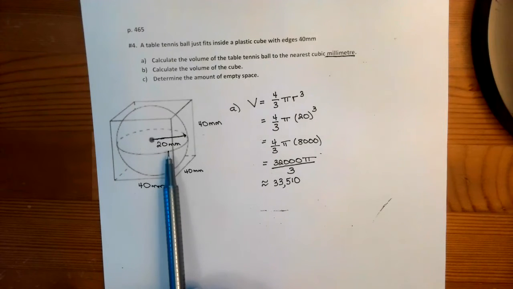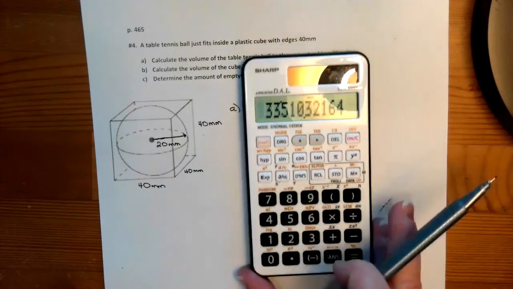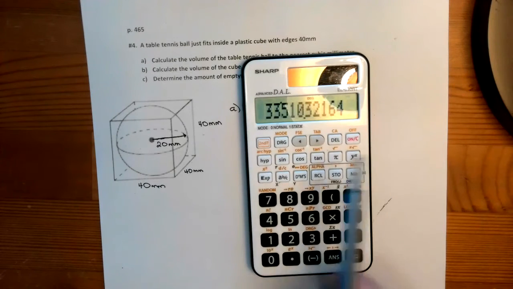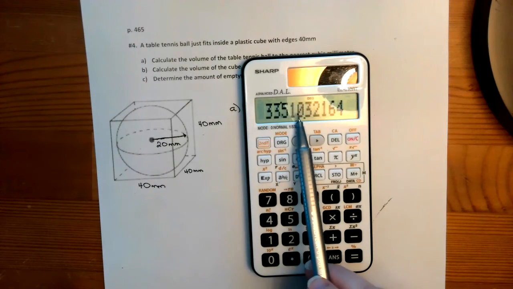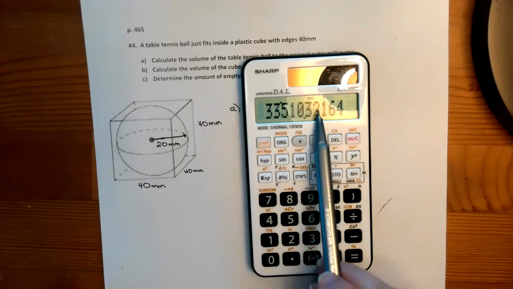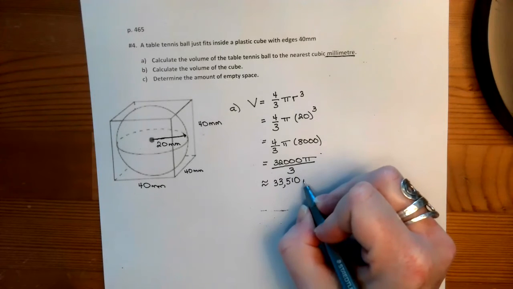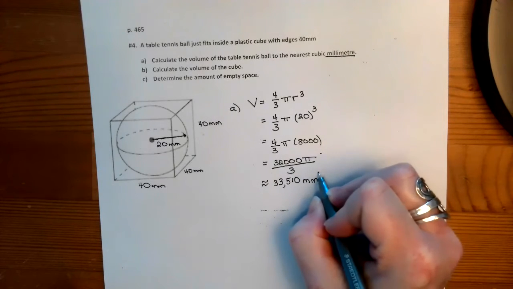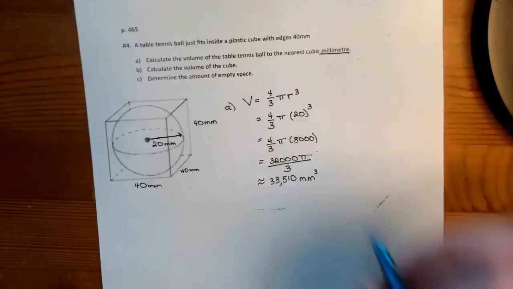Because the digit after is not 5 or more, it stays as 33,510. So 33,510 millimeters cubed.